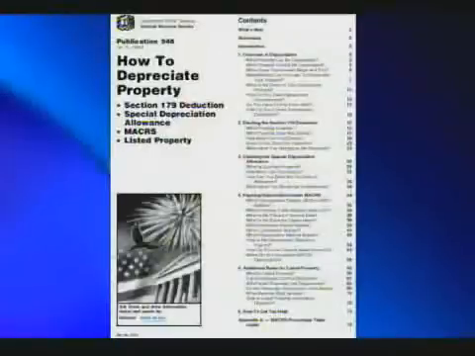You can elect the Section 179 deduction instead of deducting the cost over several years through depreciation deductions. Publication 946, How to Depreciate Property, explains all about MACRS and Section 179 deduction. It explains what property qualifies for the Section 179 deduction, what limits apply, and how to elect it.